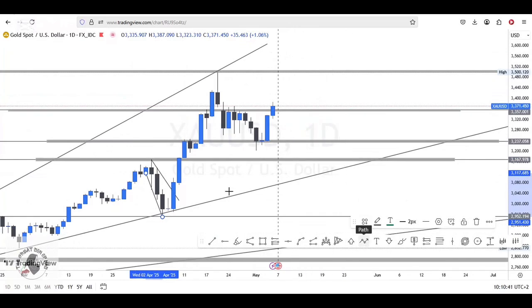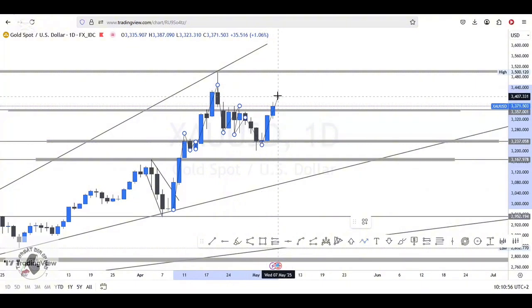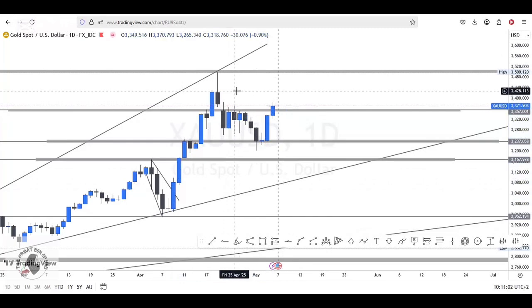I'm going to teach you. So this is a correction, impulsive move, correction here, impulsive move, correction here, impulsive. So we expect more corrections here, then impulsive. So moving to 4 hour, you will definitely see what I'm talking about.